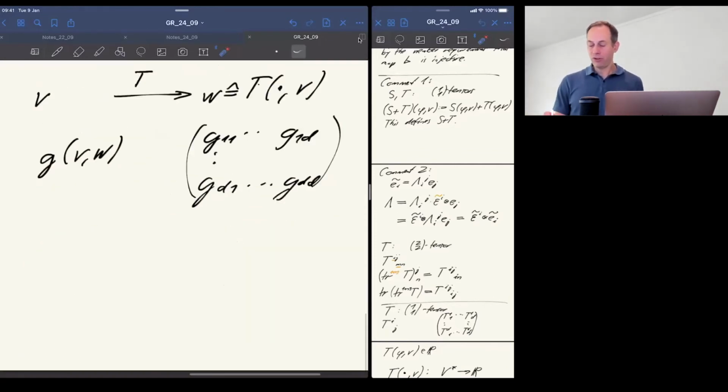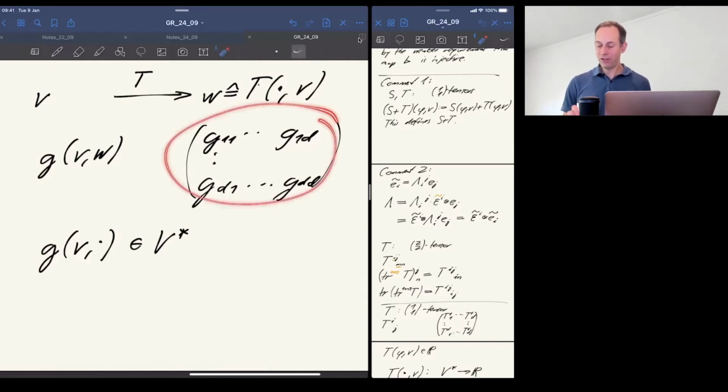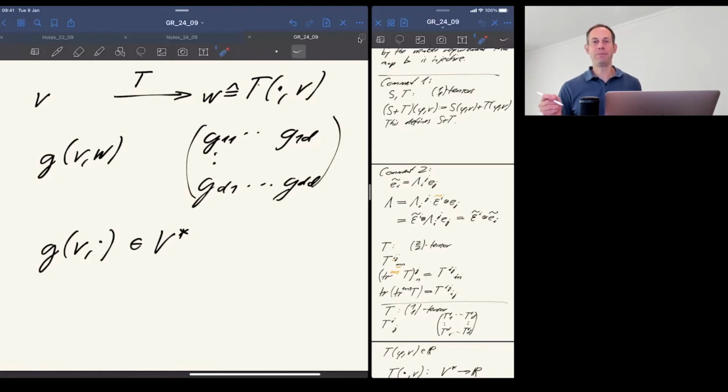Now, of course, I could just say the linear map is this thing multiplied with the components of the vector, but I cannot write this in any way as a linear map from V to V. Actually, what happens if I feed it with V and leave the other slot open, then I have an element from V star. So this means that you can interpret this matrix here as an operation that goes from V to V star. So it's again a linear map, but not one from V to V, but one from V to V star.